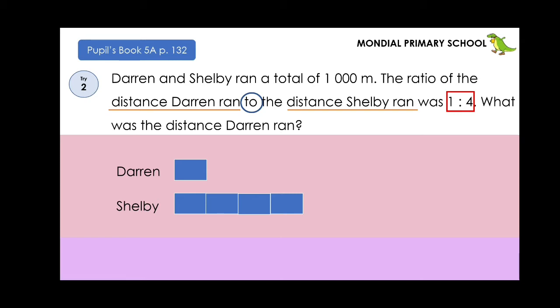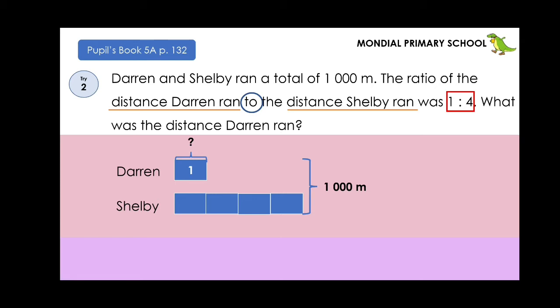What other information can we include in the model? The total distance of Darren and Selby run. That is 1,000 meters. The question is, what was the distance Darren ran? So where should we draw the question mark? Yes, over here. So we have to find the value of 1 unit.